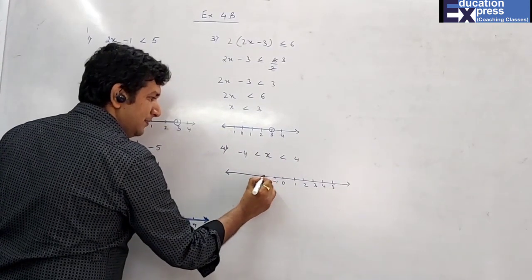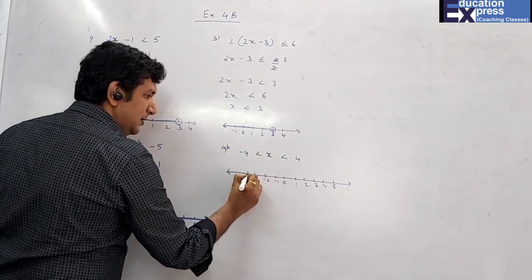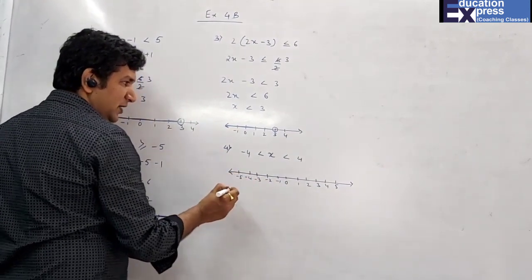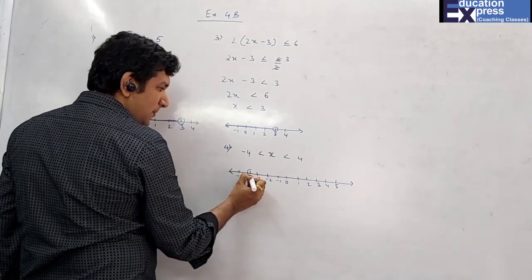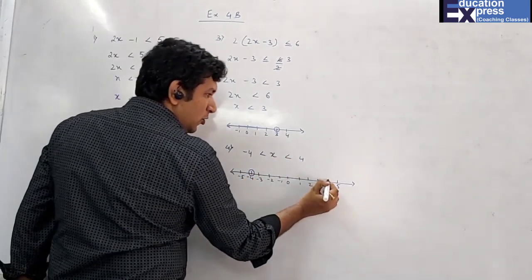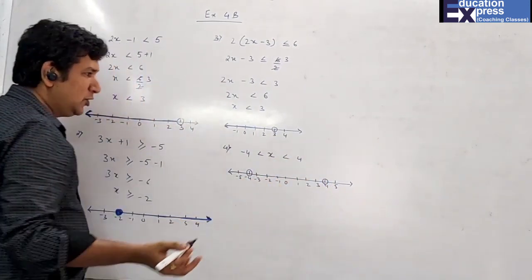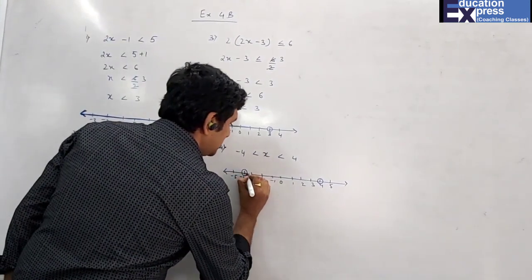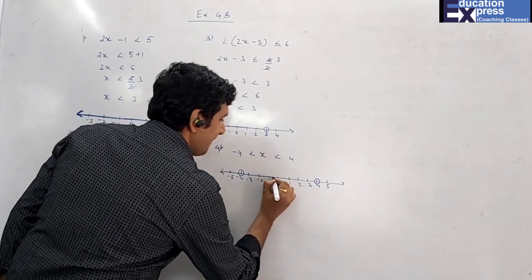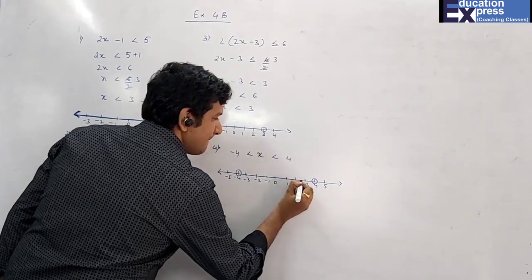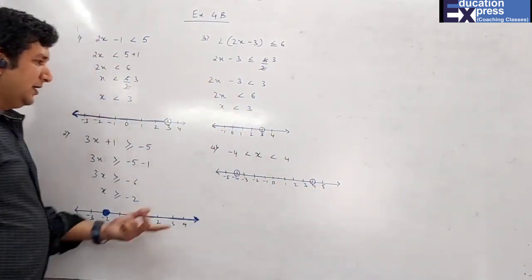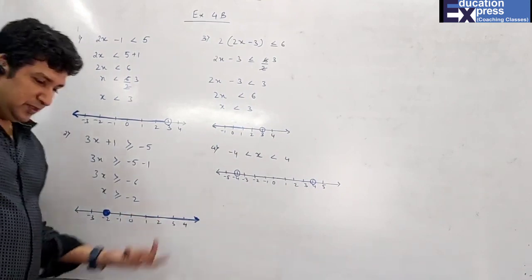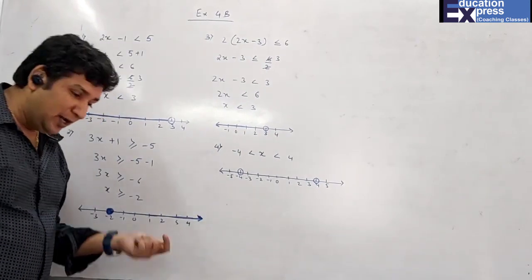One number extra, minus 2, minus 3, minus 4, minus 5. So I will start with minus 4. I'll end at 4. And both are hollow circles because in neither of them is there an equal to sign. So hollow circles and then just draw a straight line. And done. All these students are doing a real number line.